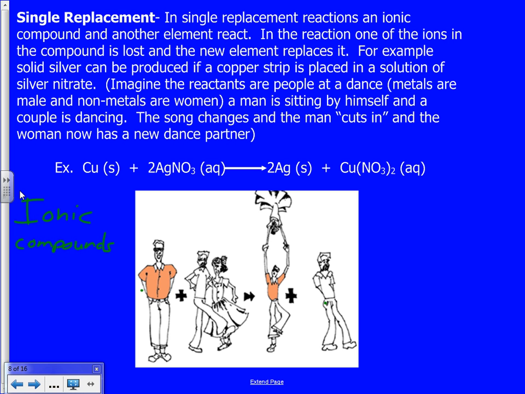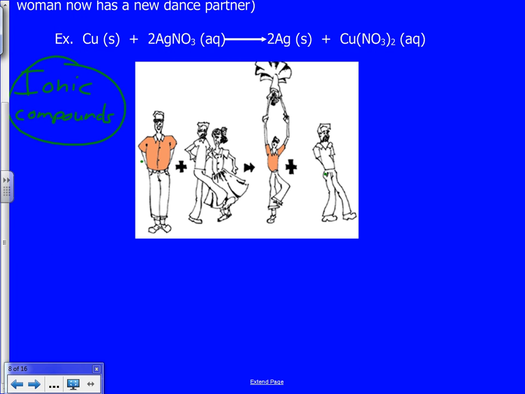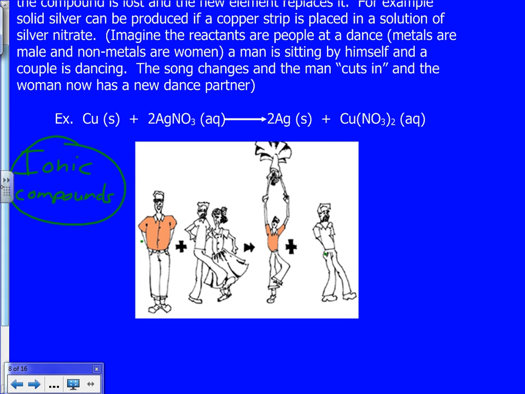Because we said you're never going to have molecular compounds. Back when we talked about compounds, you never have two metals together, right? Did we ever go over any compounds in the naming that had two metals together? It just doesn't happen, right? You can have two non-metals together, that's a molecular compound. But since replacement reactions only involve ionic compounds, you can never have them in these kind of reactions.